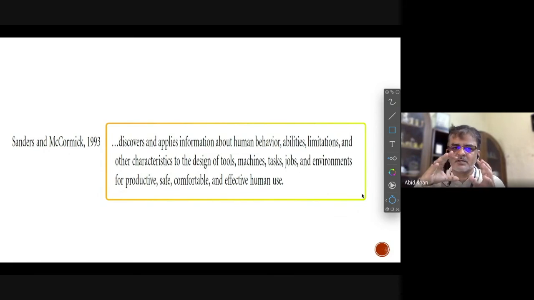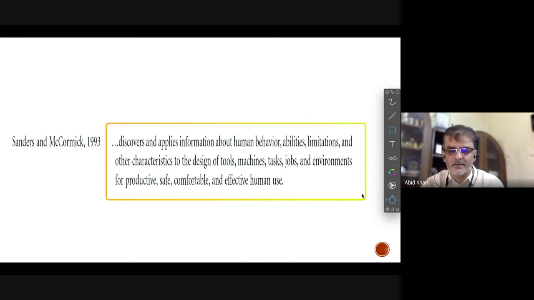This is a very important definition for applied sciences and for engineering graduates, so that we know what we have to do and what we have to achieve. You have to design the tools, machine, task, job, and environment with respect to human behavior, abilities, limitations, and other characteristics.